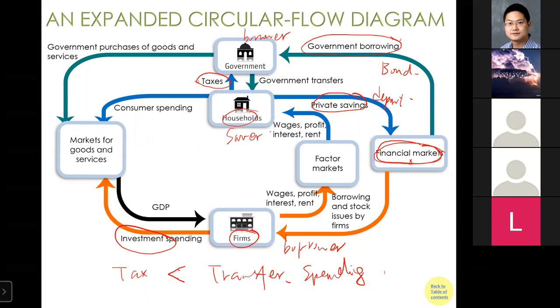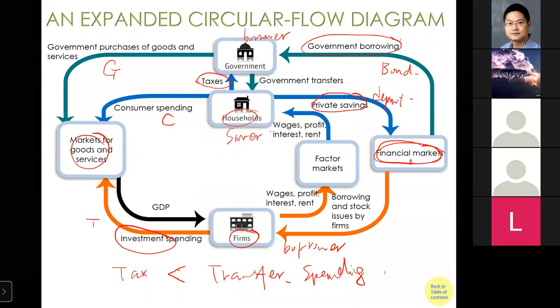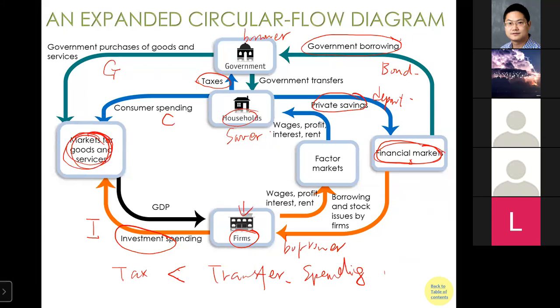Essentially, they are going to purchase goods and services in this market. Now we have C, we have G. And if the firm also joins this market, so you have I, meaning everything that was produced by the business. Okay, so those things will be consumed by consumers, government, and some by firms themselves.